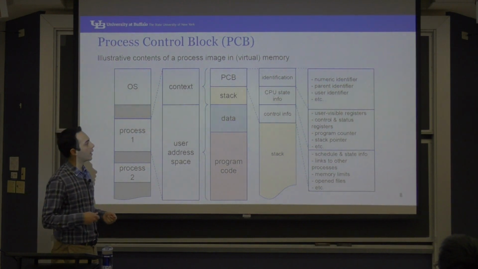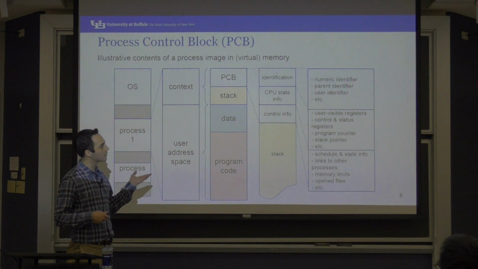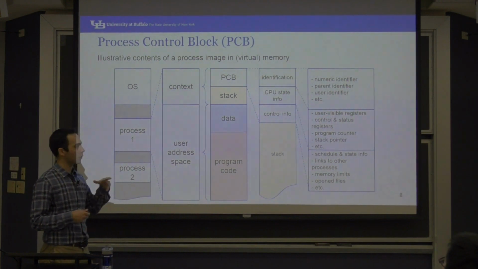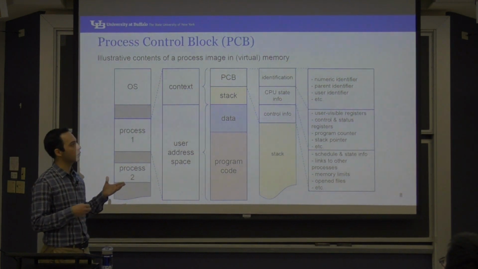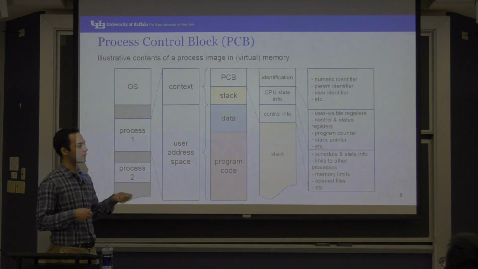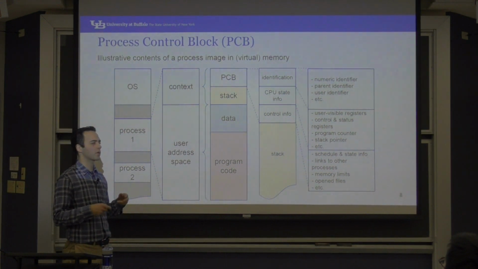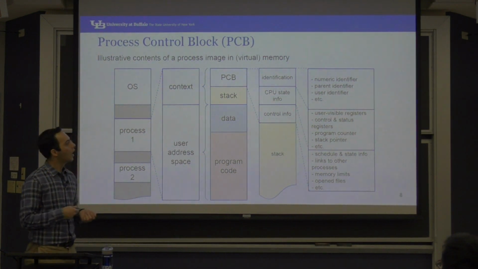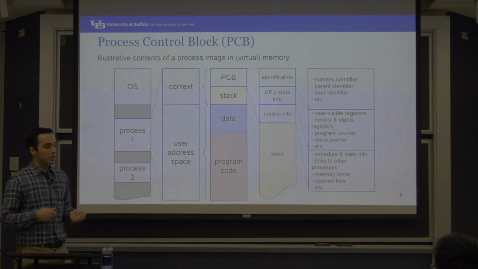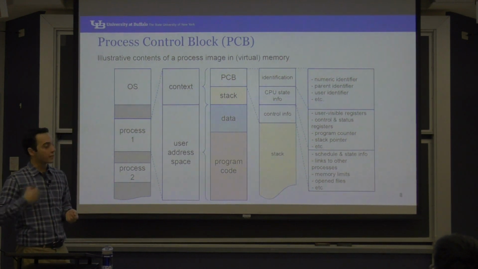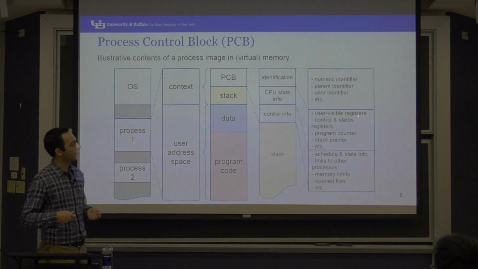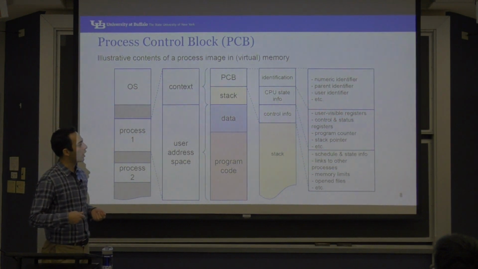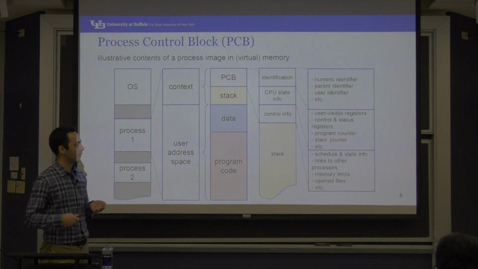And then a user identifier, which says who owns this, for example user access and privileges. CPU state info is important at runtime. These are registers of the CPU, like flags, control, program counter, and stack pointer.